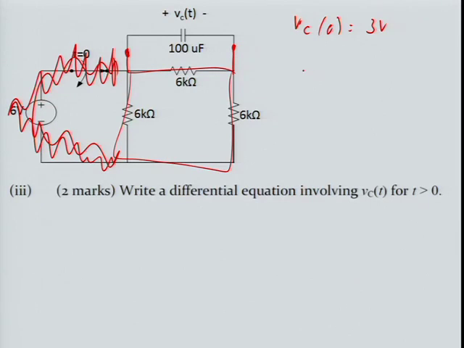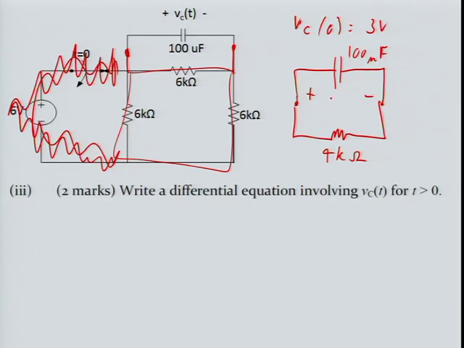I can replace it by a single resistance of value 4 k ohms. And there's my 100 microfarad capacitor. And I want to know an equation for this voltage VC(t). It actually wants you to give the differential equation satisfied by VC(t).